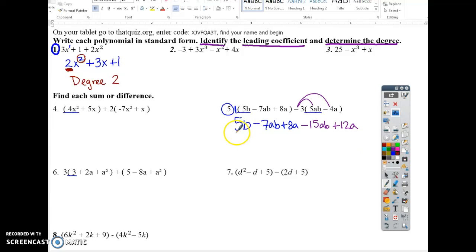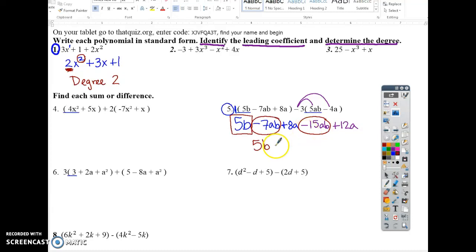So I would do the B first just because it was first. Is there another B? No, so 5B goes by itself first. Then we're going to do the ABs. So -7AB minus 15AB. You would put -7 in the calculator. Minus 15.